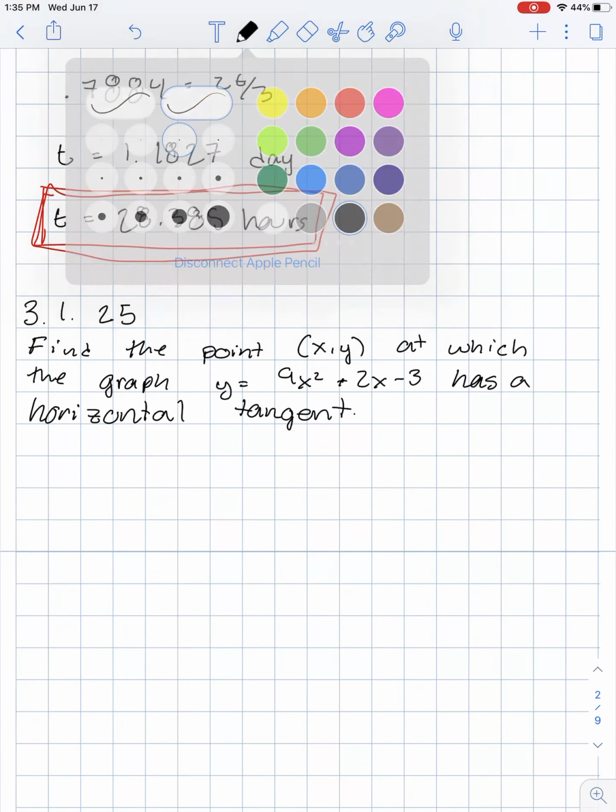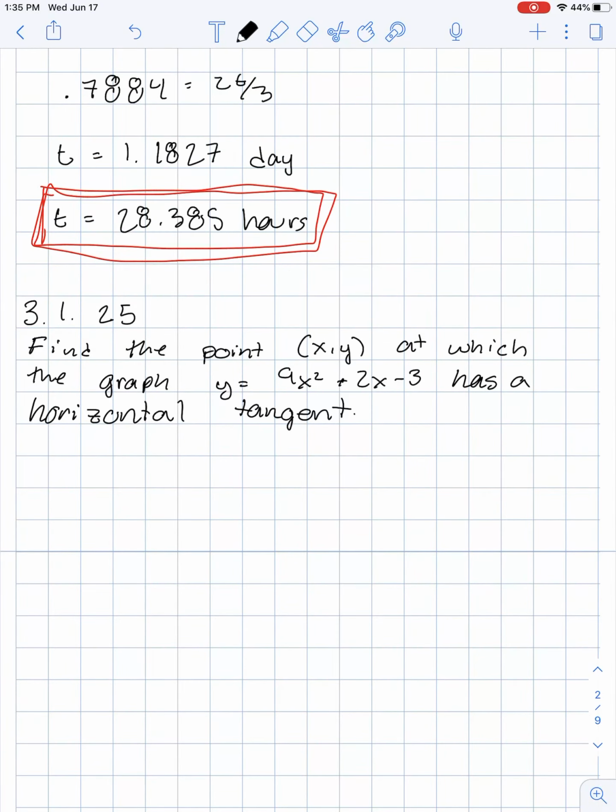So, second most missed question was to find the point x, y at which the graph 9x squared plus 2x minus 3 has a horizontal tangent. So, section 3.1 was our first chapter in finding derivatives, right?